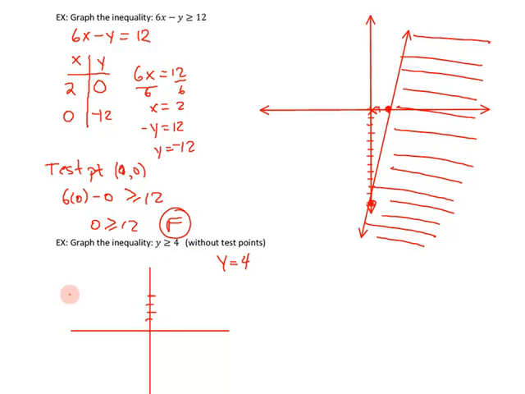That's this horizontal line here. Remember, y equals 4 is always a horizontal line. And greater than or equal to 4, where are all the points with coordinates y greater than or equal to 4? It's clearly above that, right? Because greater than 4 means higher than 4, so it's going to be this region here. And it was a solid line because it was or equal to. So that one I didn't even have to choose a test point to figure out, although I could have. It was easy enough to do without.